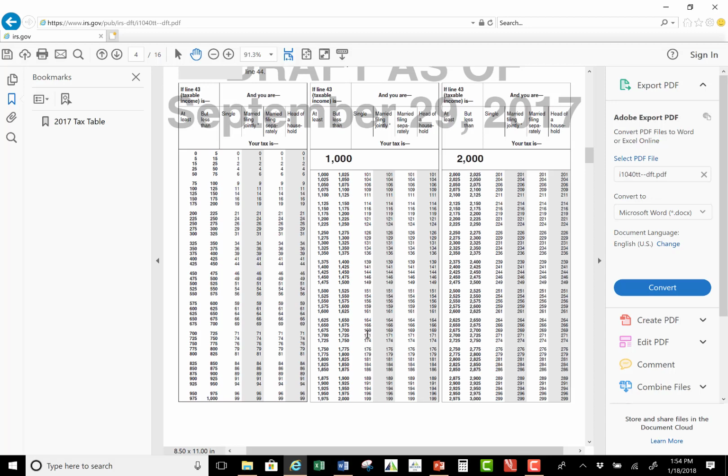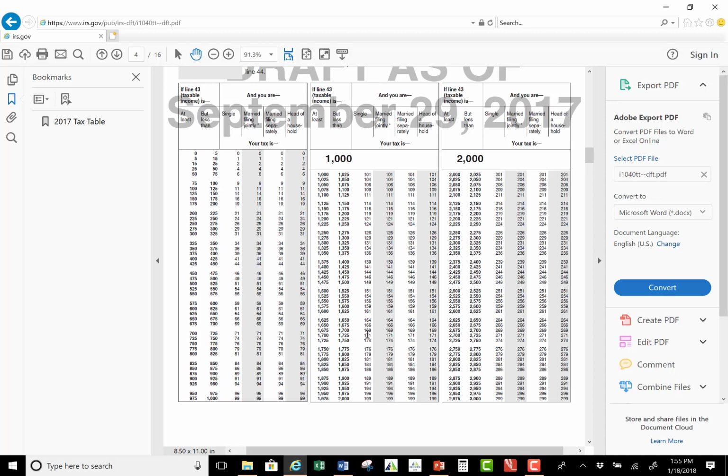It's slightly less accurate, right? Because the tax tables are doing what the tax rate schedule is doing. It's just that the IRS went ahead and did it for you. But of course, there are always decimal differences. And if you're Apple and you made $1 billion last year, those little differences could add up, right? So it's more professional to use the tax rate schedule than the tax table. But you could use the tax table. The IRS won't throw you in jail if you use the tax table.